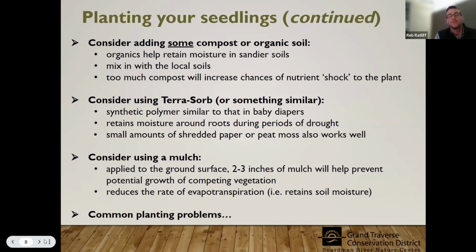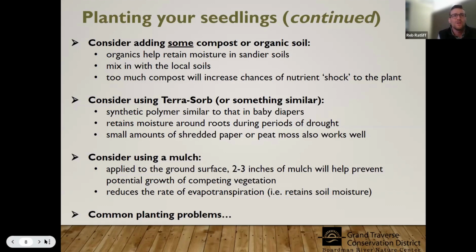Even if it goes dry, it's a small granular, almost powdery substance, and the next time it rains, it's going to swell up and retain that moisture again around the roots of that seedling. Shredded paper and peat moss also work well. I know that's what we typically pack our seedlings in for our seedling sale.